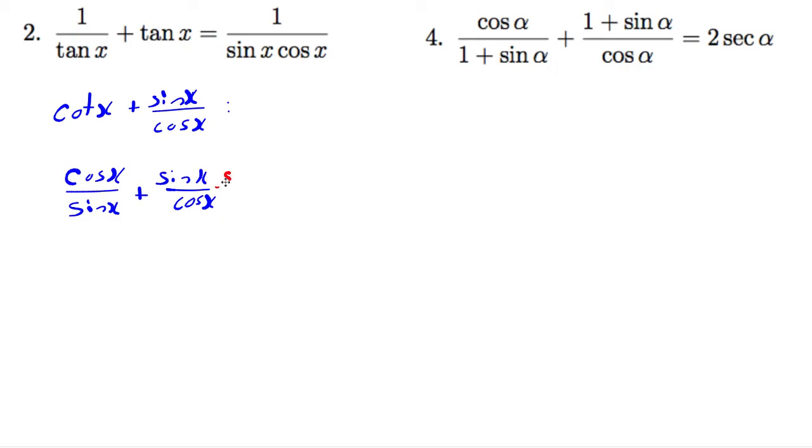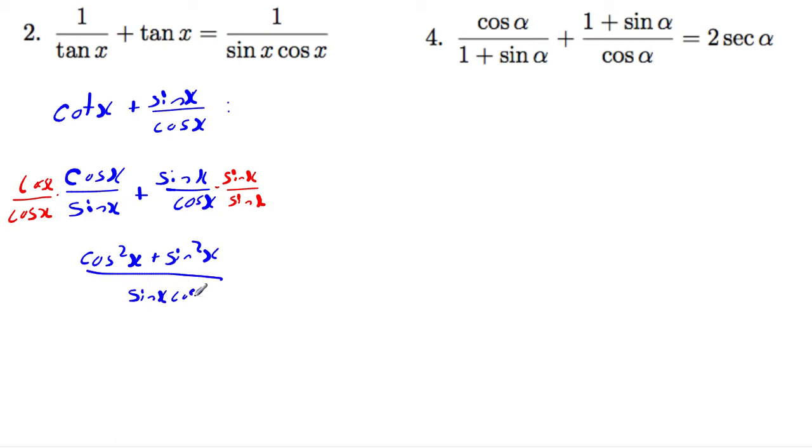So I multiply this by sine of x over sine of x, and I multiply this by cosine of x over cosine of x. So I get cosine squared of x plus sine squared of x over sine of x cosine of x.